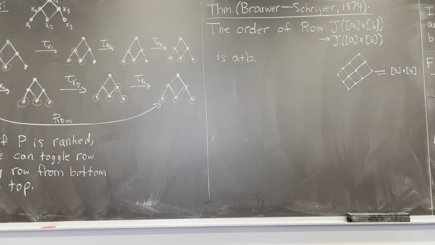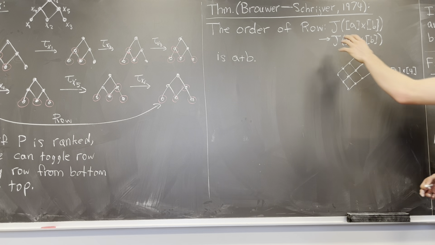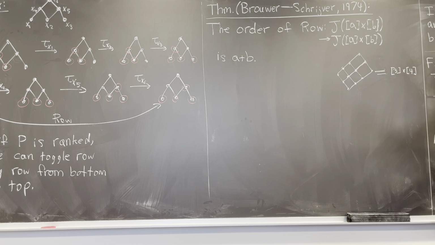And what do I mean by order? Well, this is just the least common multiple of the orbit sizes of Rowmotion. If you think of Rowmotion as splitting the set of order ideals into a bunch of orbits, then this is the least common multiple of the orbit sizes.